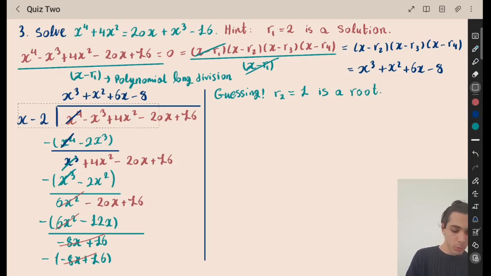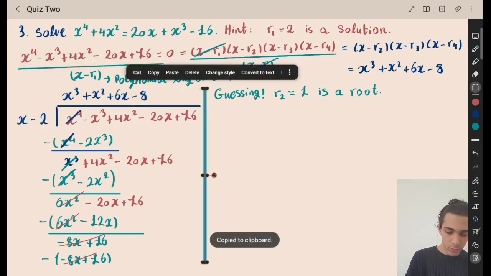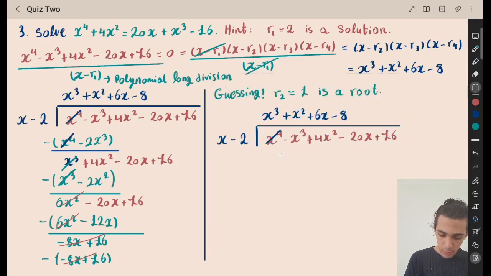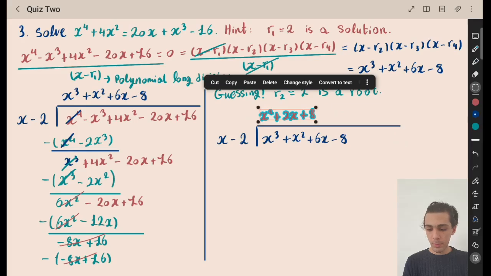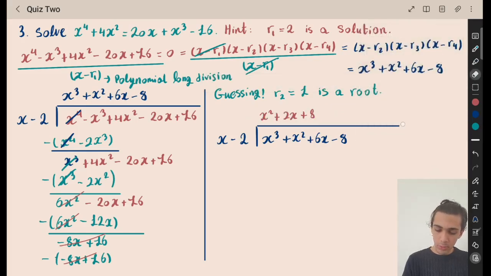And now repeating the same process gives you the following. Oops. So this will go here. And the answer I actually have prepared over here. And maybe it's a nice exercise for you to check that this will be true. We just need to follow the same methods we've used in the first computation.